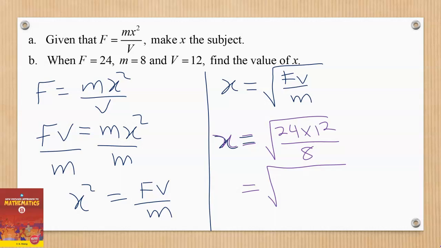And that will be 3. So 3 times 12 is 36. So that is square root of 36, and then that will give us 6. And so the value of x, when f is given, m is given, and v is given, will give us 6. Okay, we'll take the last example for this one.